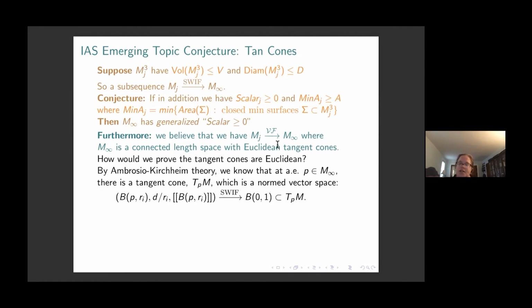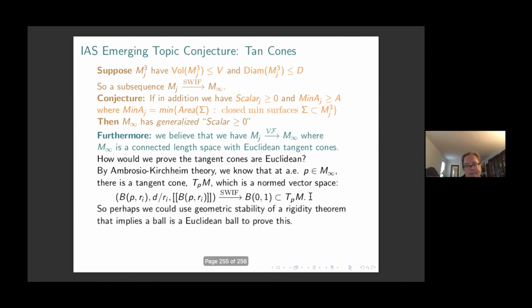But the conjecture says that they're actually Euclidean. There's an inner product on them, not just a norm. So perhaps we could use geometric stability of a rigidity theorem that implies a ball is a Euclidean ball to try to prove that this guy is actually Euclidean. So remember, there was a rigidity theorem, particularly the prism rigidity theorem, or the mass rigidity, to try to show that the ball is a Euclidean ball.